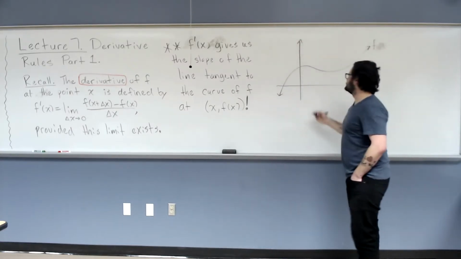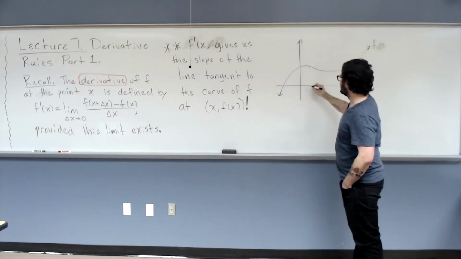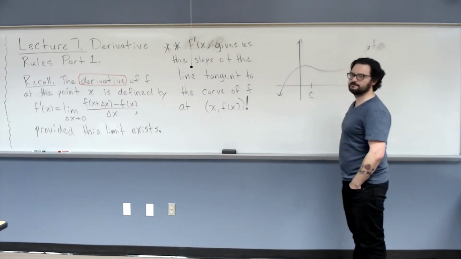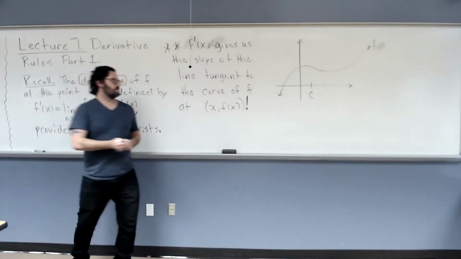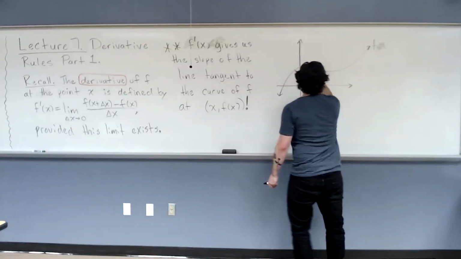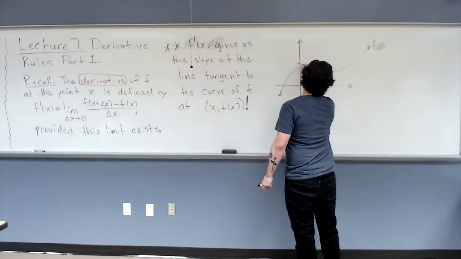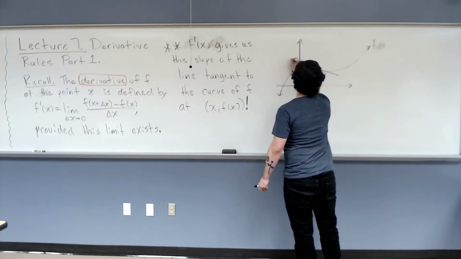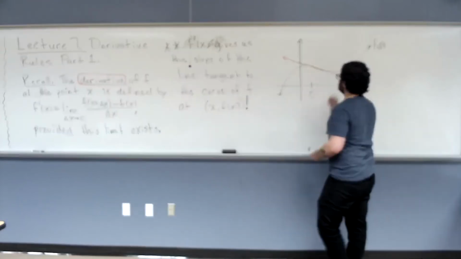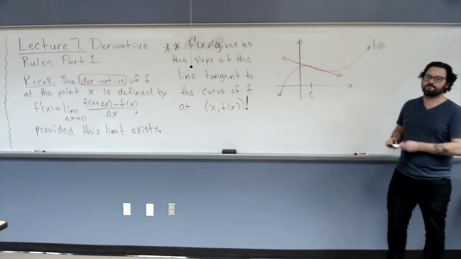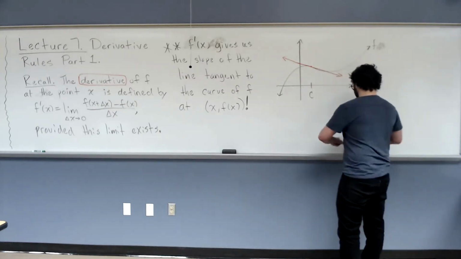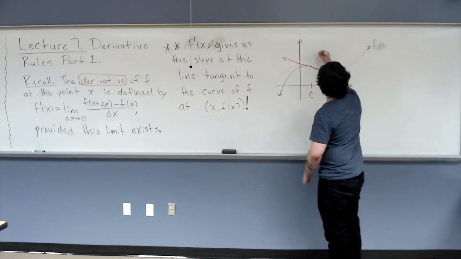And we want to know the slope of the tangent line at some point C, right there. Then the slope of that line, right there, the slope of that line is the derivative of f at C. So let's write that out.